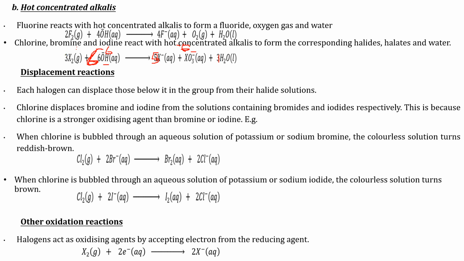And you find that to get 6 atoms this side, we shall multiply this molecule by 3, so that we are having 6X. So left hand side atoms of X will be equal to right hand side atoms of X. After balancing the major elements, you go to oxygen.